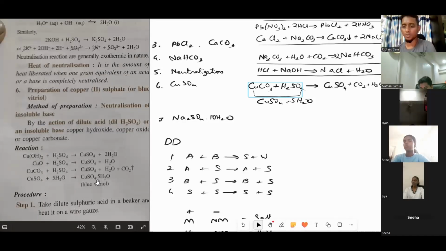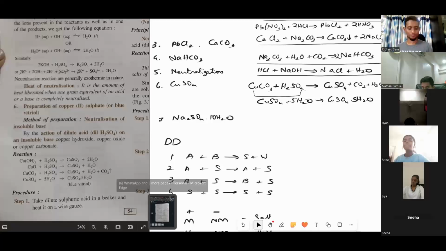It joins with 5 water molecules to form CuSO4.5H2O. This is the blue color crystal. Have you seen copper sulfate? Have I showed you pictures of it? Yes, you have seen it. Blue color crystals, like sugar crystals, but blue in color.